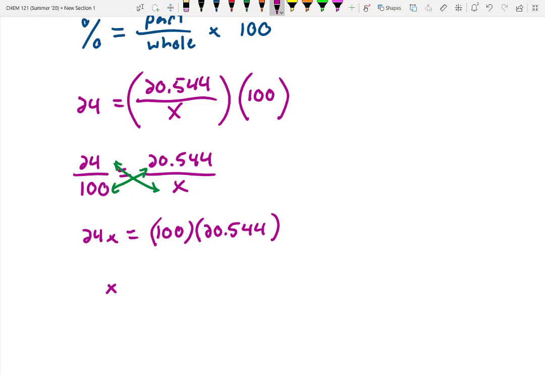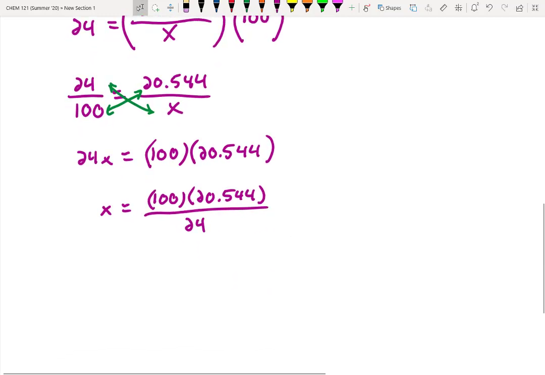To solve for x, we can now divide each side by 24. And when we solve for this, x is going to work out to be an answer with 2 sig figs, which in this case is going to be $86 trillion.